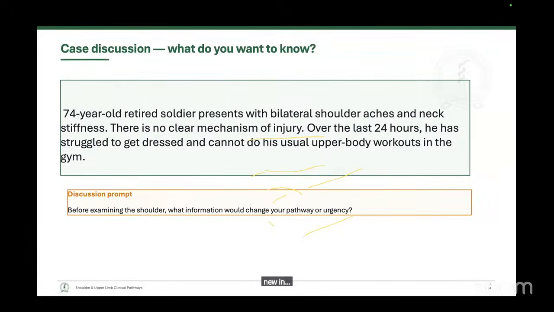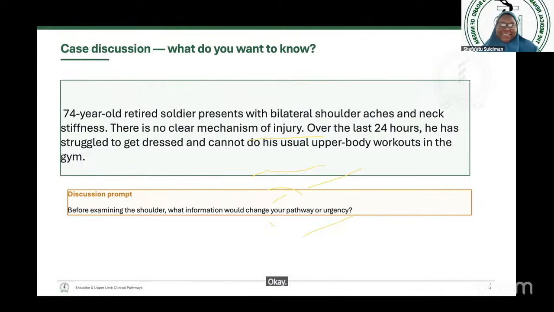Let me unmute. What do you want to know? The thing is, one thing I realize, to be honest, practicing back in Nigeria, I don't get to see lots of people with shoulder pain.